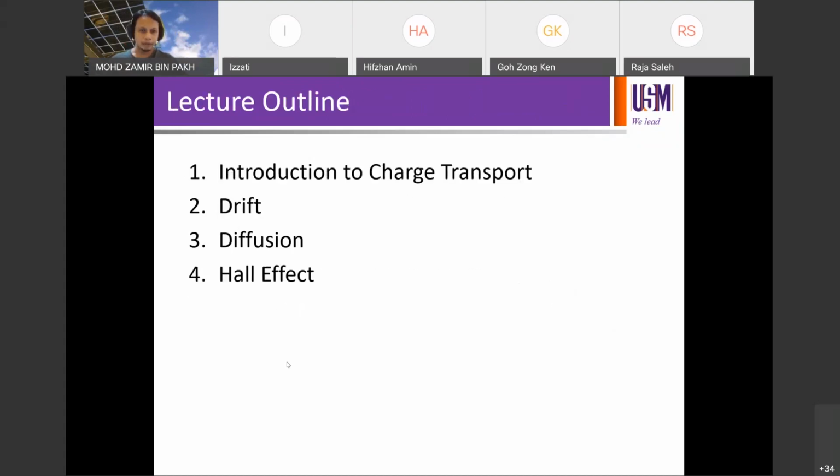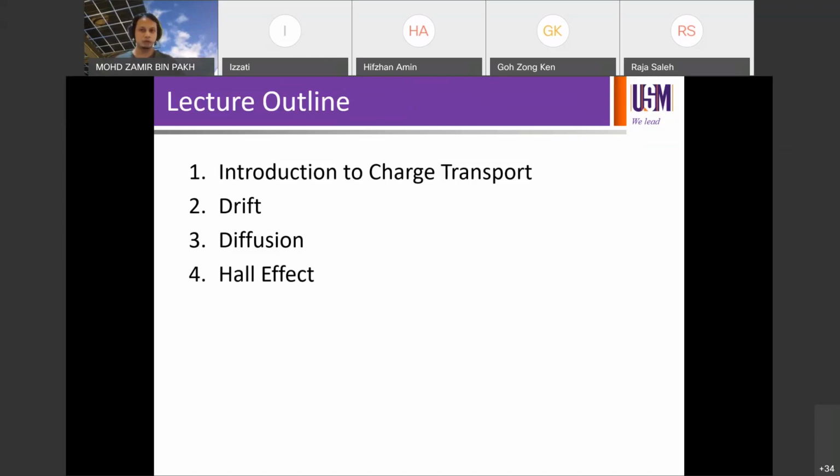Right, clear. So let's move on to our next topic, which is carrier transport phenomena. We have discussed electrons and holes, majority carriers, minority carriers, the law of mass action, and so on. Now we're going to look at how the carriers move in our semiconductor. So we're going to look into an introduction to charge transport.